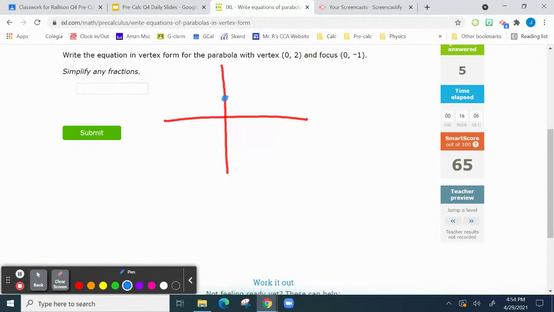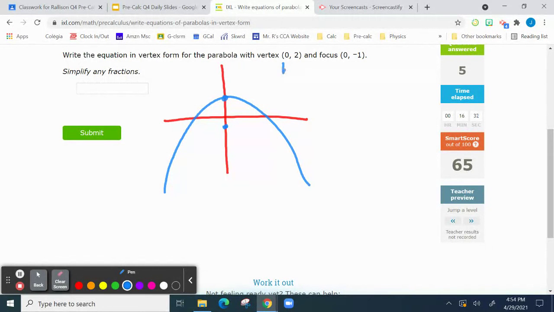Our focus is (0, -1). If the focus is below the vertex, the curve bends around the focus, so this has to go like that.